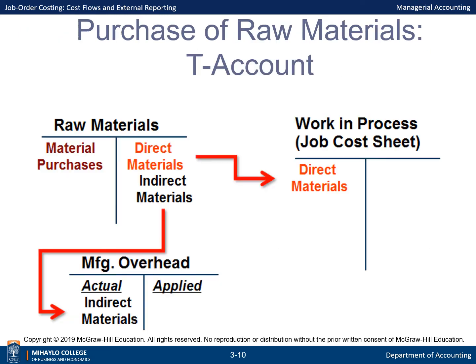When raw materials are purchased, they are added to the raw materials account. The cost of direct material requisitions is added to work in process and the job cost sheet. Indirect materials requisitions are added to manufacturing overhead. All raw materials that enter into the production process are removed from the raw materials account.